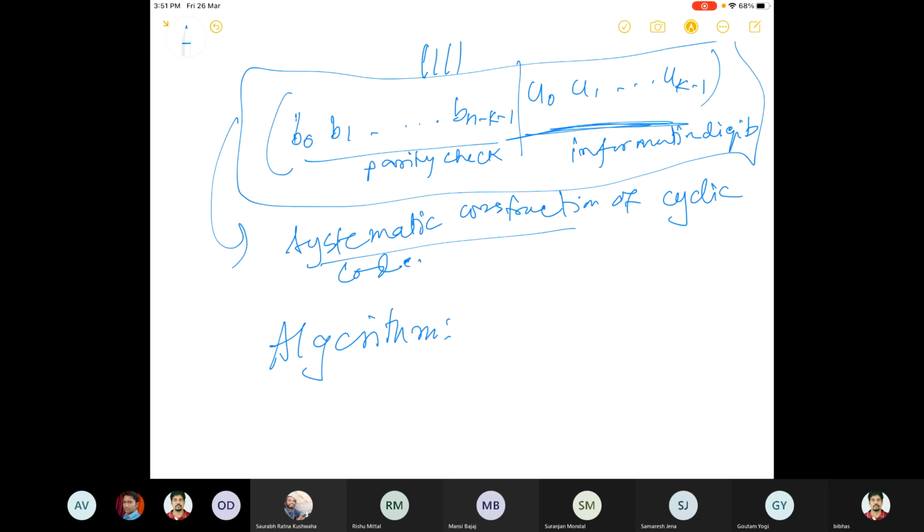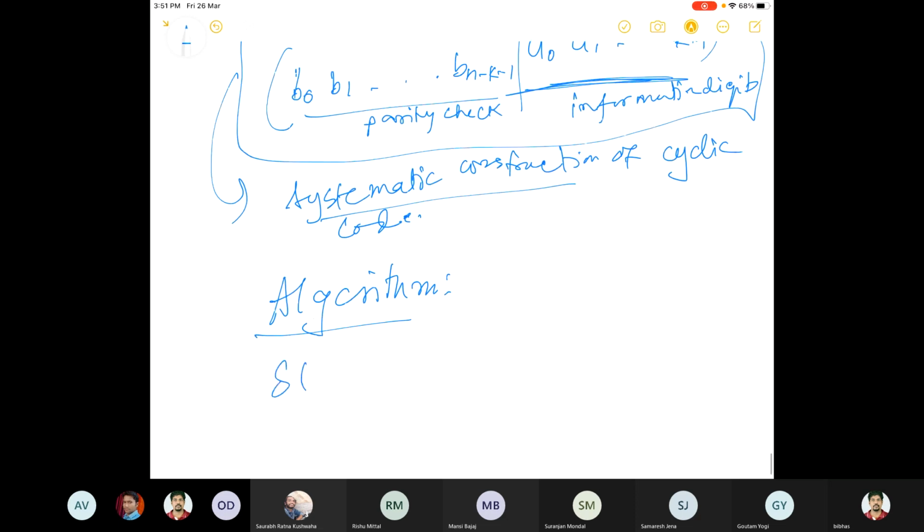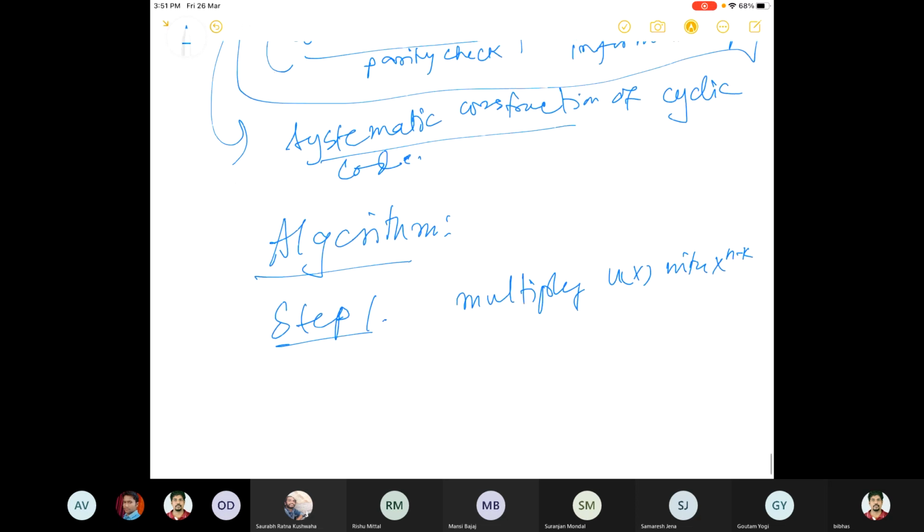The algorithm is the following. Step 1, multiply ux with x to the power n minus k first.